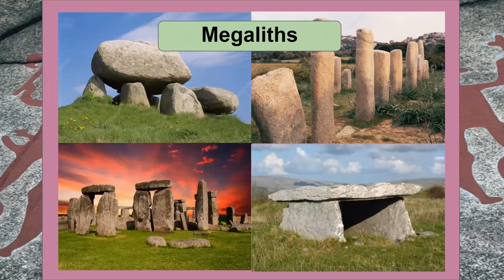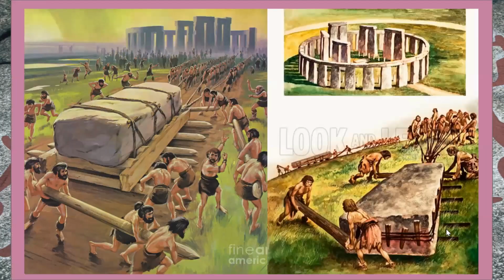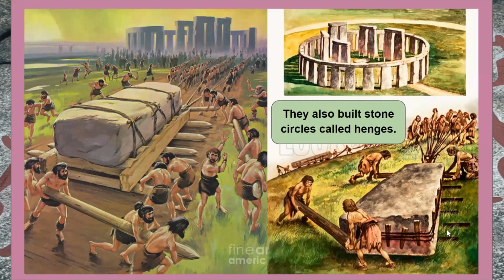Did you know that these were fitted together without the use of mortar or cement? They also built stone circles called henges. These were used as places of burials. The purpose of stone circles was probably connected to agricultural events.